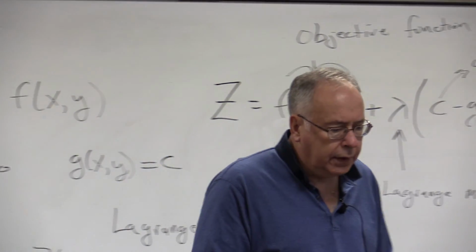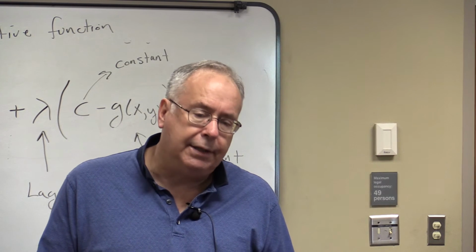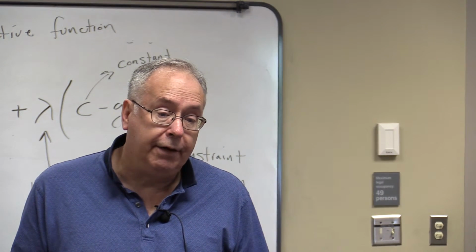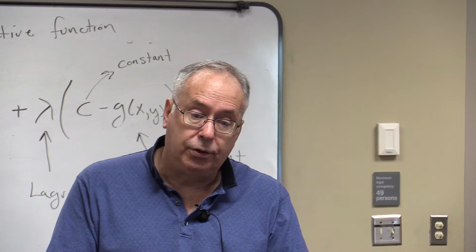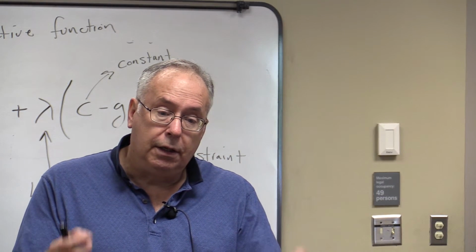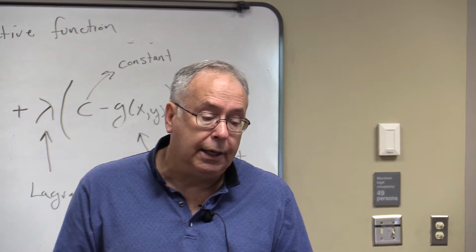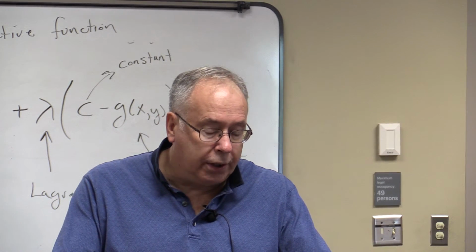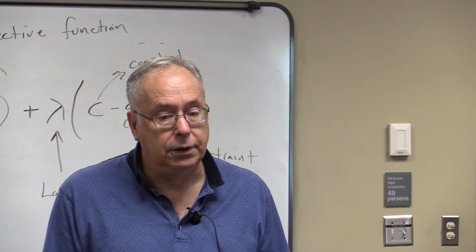No. See, for some problems, we'll want to minimize the objective function. Maybe you want to minimize the cost of producing a given level of output. So you would satisfy the first order conditions, and then you'd check the second order conditions. And if you satisfy the first order conditions, that'll generally give you an interior solution, not a corner solution.